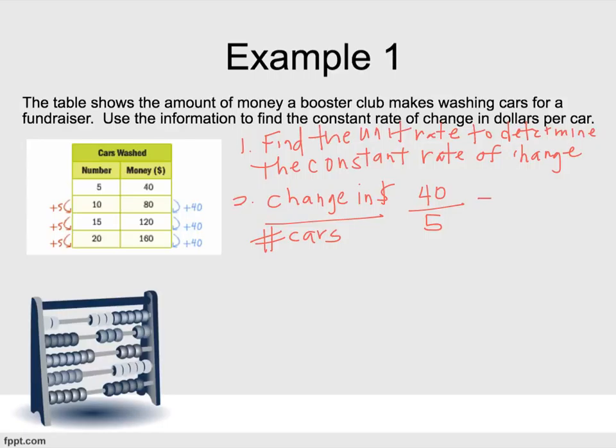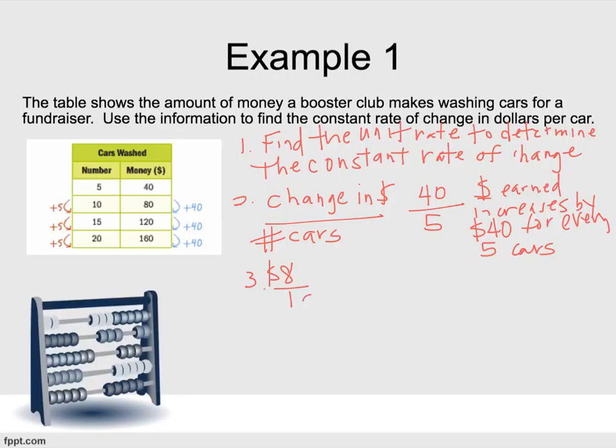So if I divide by 5, I can reduce that and I get 8 over 1, $8 for 1 car.